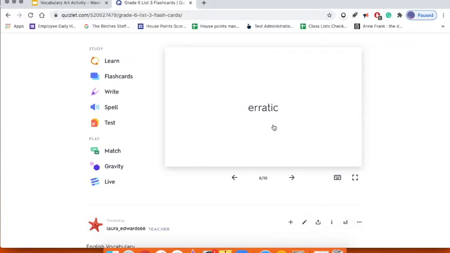Erratic: if someone is acting erratically, they are unpredictable, strange, and out of the ordinary. People can move erratically and act erratically.